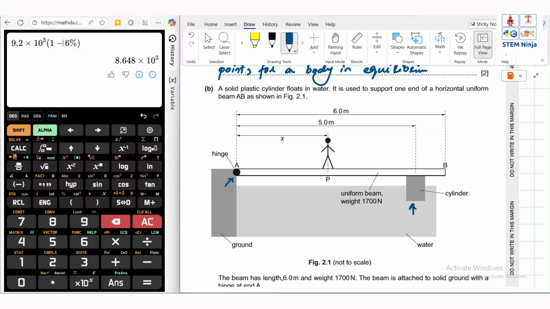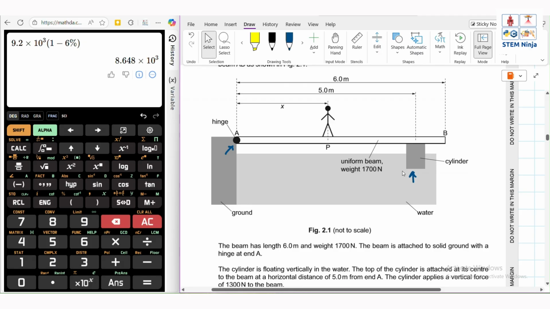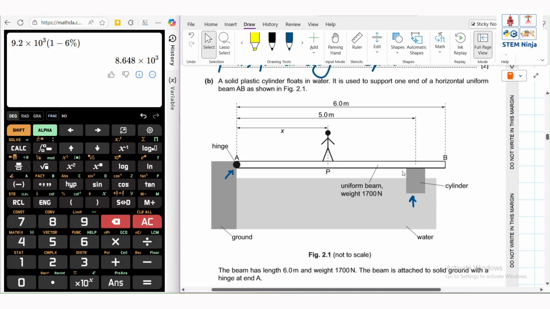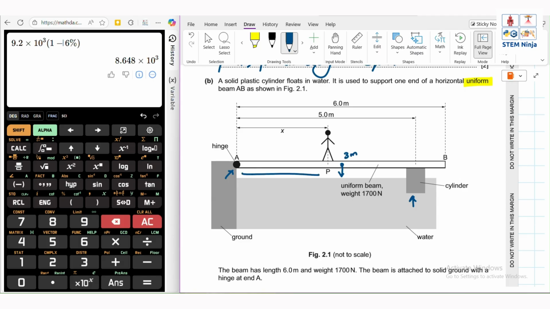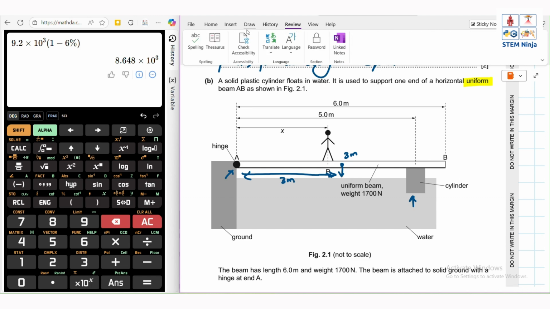The beam has a length of 6 meters and weight 1700. Since this is uniform, the weight of the beam will act at its midpoint, at exactly 3 meters over here. The center of gravity will be at this point.